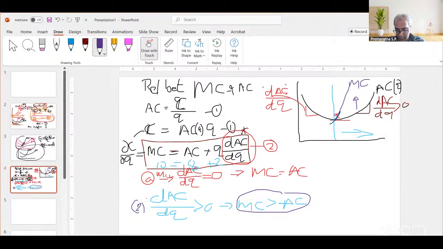Just assume this is a negative slope. If it is a negative number, let's say negative 2, then 8 minus 2 is 6.